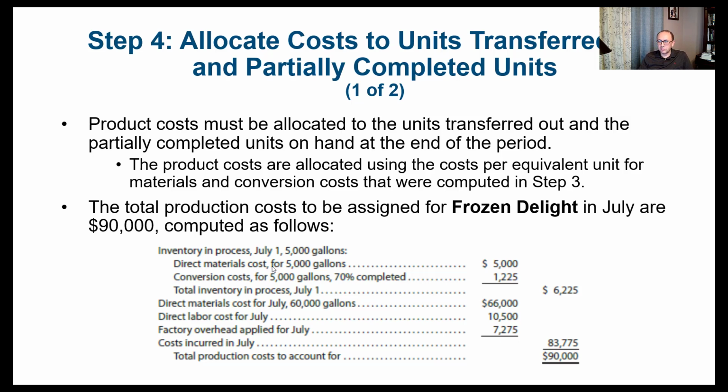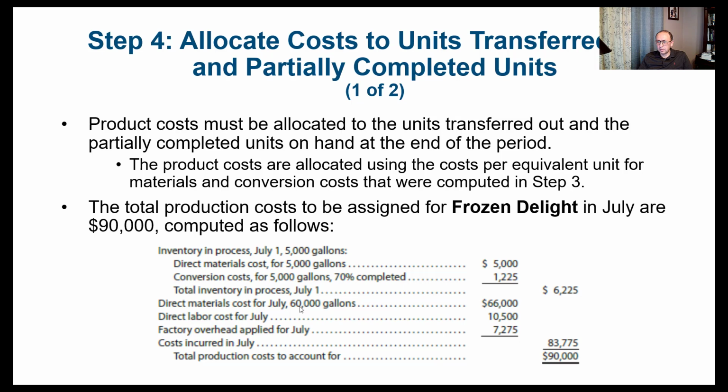We have the direct material for the inventory was 5,000. We have the conversion cost for the 5,000 gallons. And again, remember, that's during the month of July, 70% completed. That's 1,225. So the total inventory in process for July is 6,225.